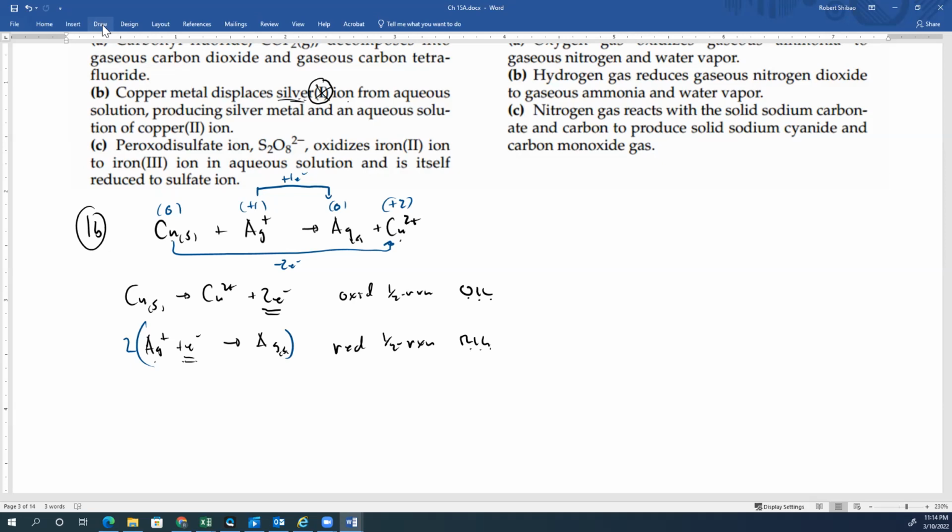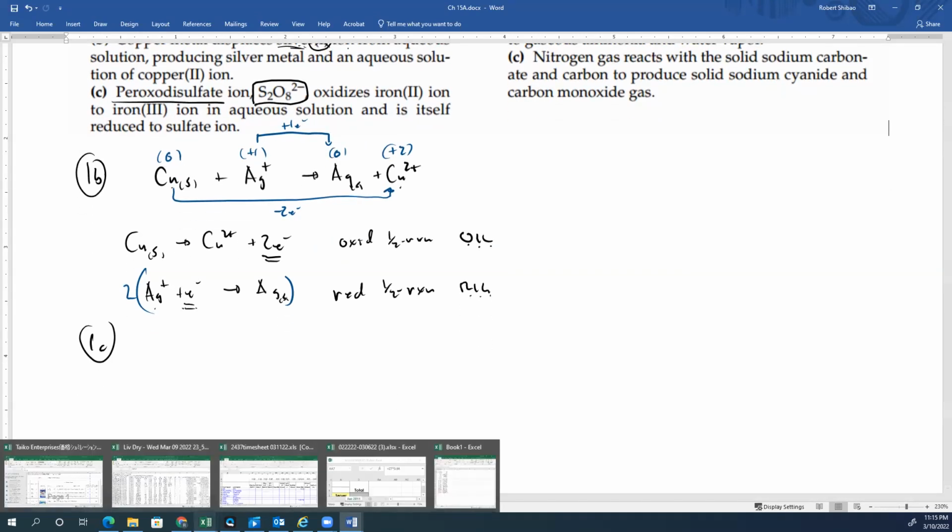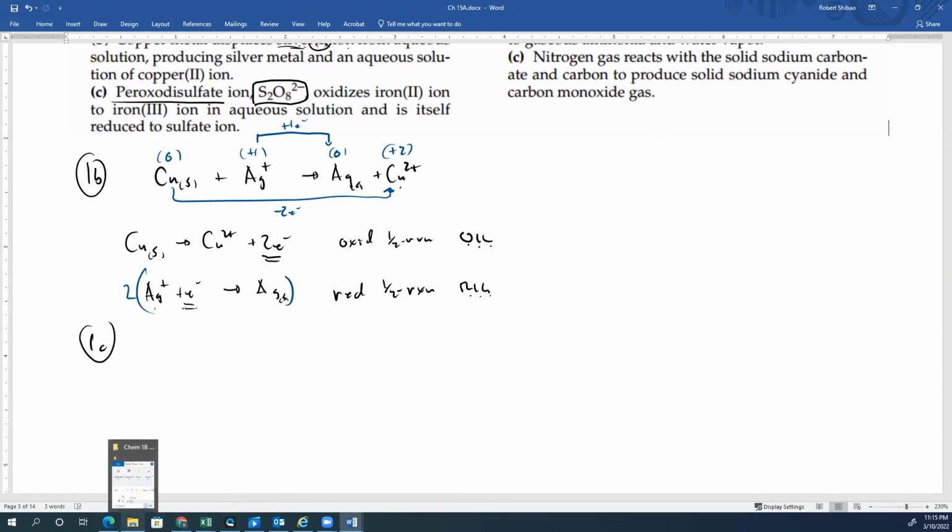All right, for 1C, this is a little bit more complex because of this. Have you seen peroxodisulfate ion? Yes, we've seen that. Peroxodisulfate is a very unusual ion, but you might recognize it. Where have you seen peroxodisulfate before?